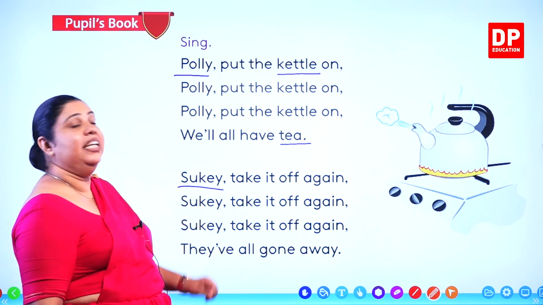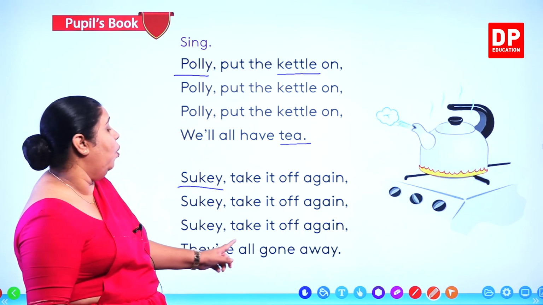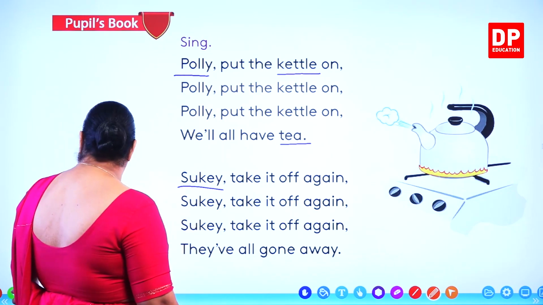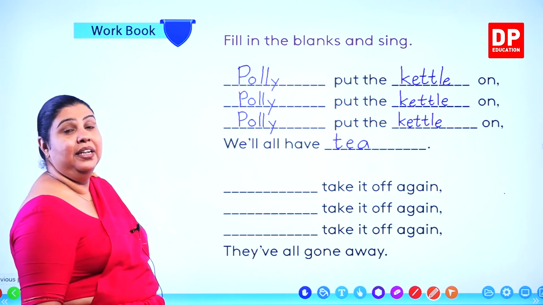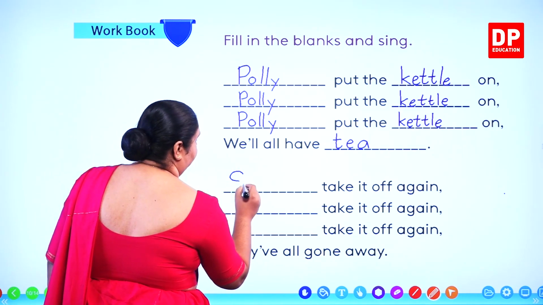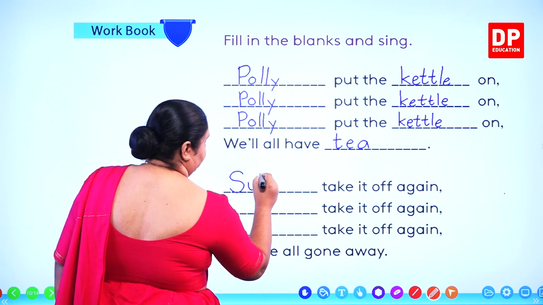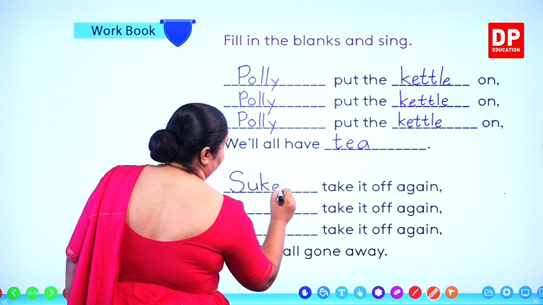Suki, take it off again. They've all gone away. So now we will fill our blank by writing the word Suki. You have to start with a capital S. S-U-K-E-Y.